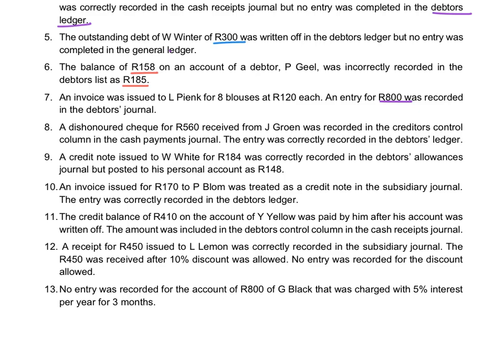The difference between the 960, if I multiply 8 with 120, and the 800 will have to be corrected. We showed the amount as 800, so we have to increase it with 160 Rand.